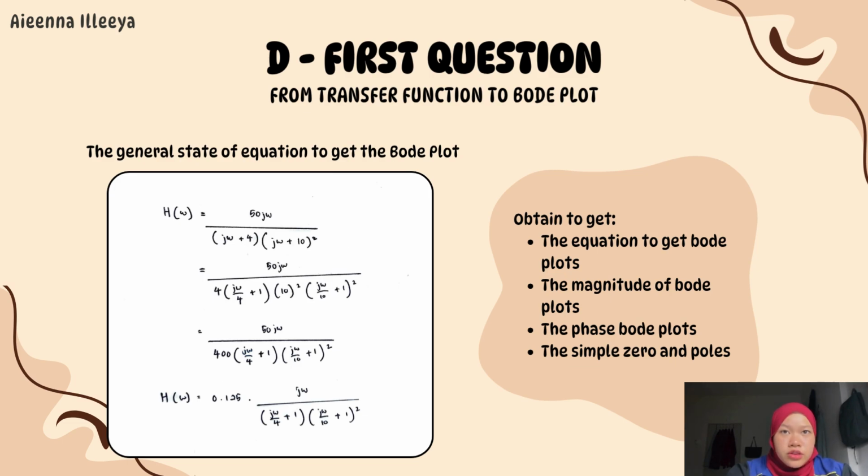Then we factor out the constant value to simplify further. 50 j omega over (j omega plus 1)(j omega plus 10) equals 0.125 multiplied by j omega over (j omega over 1 plus 1)(j omega over 10 plus 1).